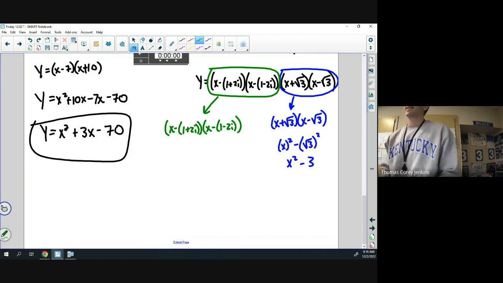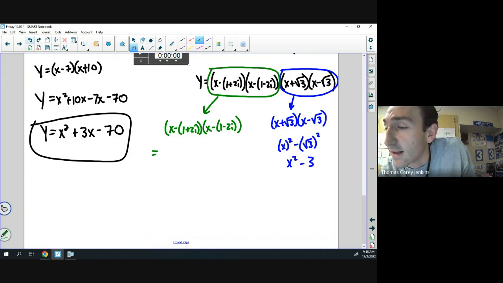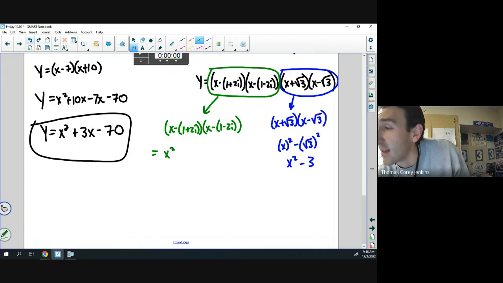So take x times that whole second binomial, right? So at this point, I'm going to start by distributing this term right here, okay? So when I take x times x, I get x squared, easy enough. When I take x times -1, not +1, but that's -1, I get -1x. x times plus 2i, that would be plus, let's just call it 2ix. That's what's going to cancel at the end.